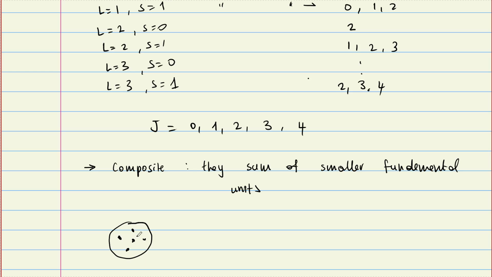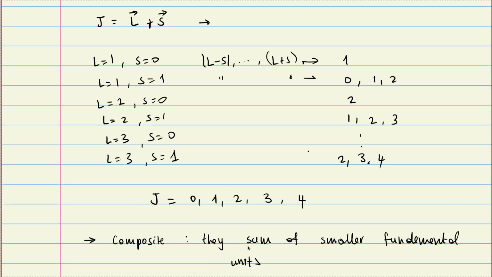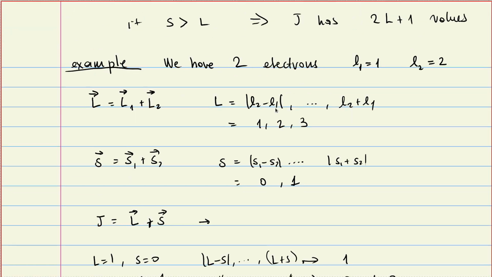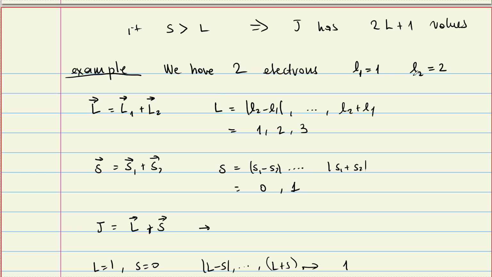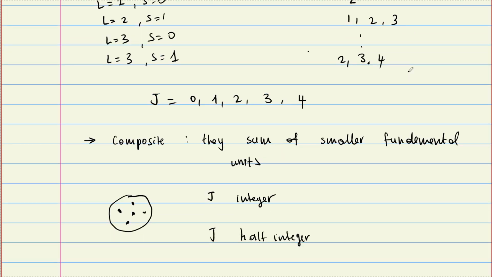And after adding total angular momentum, J can be either integer or half integer. For example, here we added 2 half integer objects, 2 electrons, and they formed an integer angular momentum object. If we had an integer object and a half integer object, the sum would be a half integer object. So then the total can be integer or half integer. If the total is integer, we are going to call them bosons.